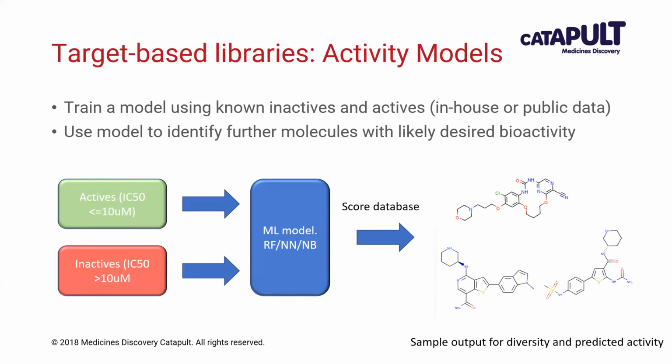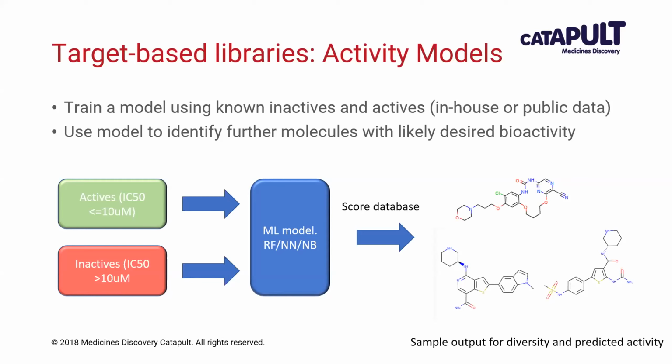You can draw together a list of compounds which are active or inactive towards your target of interest. You can feed those into your machine learning model. There are many of these: random forest, neural network, naive Bayes. Then apply that model to your database of molecules, and prioritize those predicted to have high confidence in activity towards your biological target.